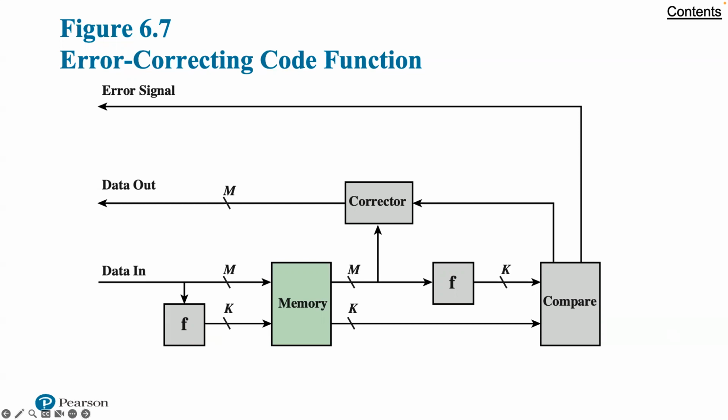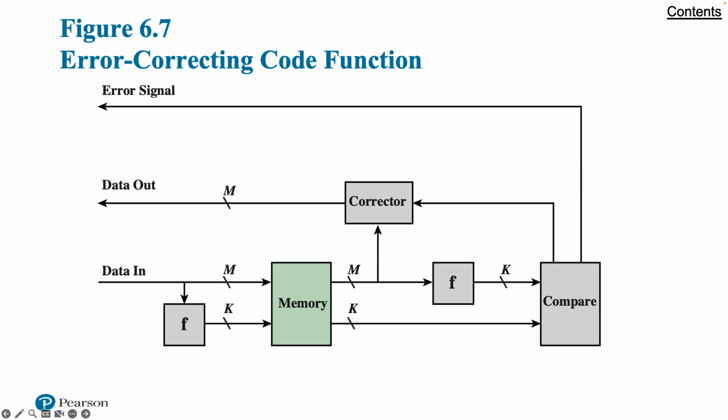When the previously stored word is read out, the code is used to detect and possibly correct errors. A new set of k code bits is generated from the data bits and compared with the fetched code bits. The comparison yields one of 3 results. First, no errors are detected, and the fetched data bits are sent out. Second, an error is detected and it is possible to correct the error.